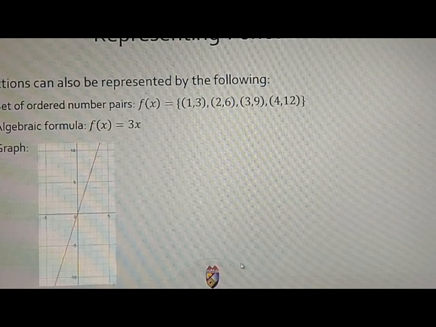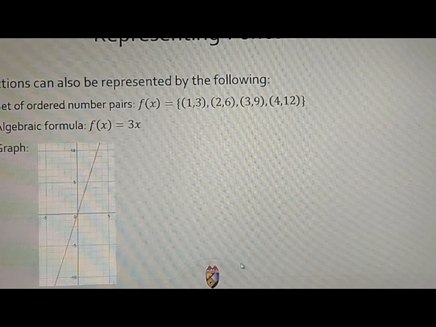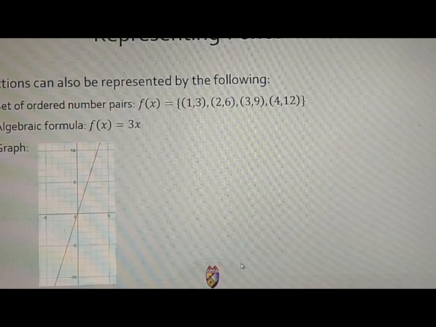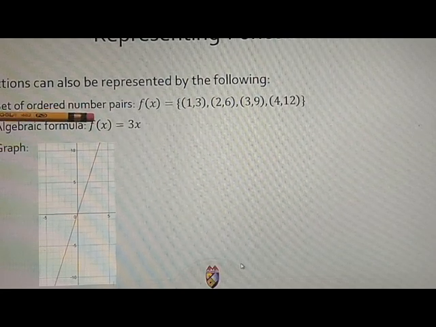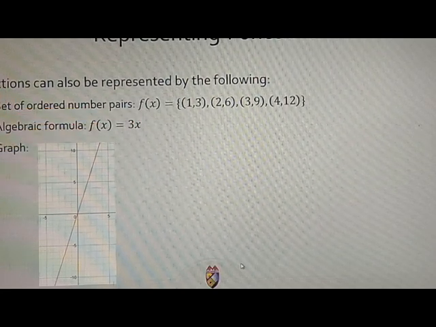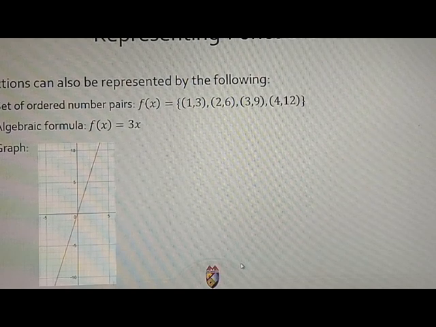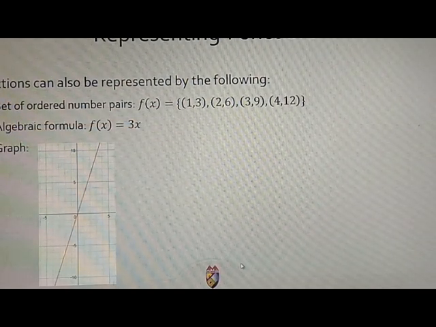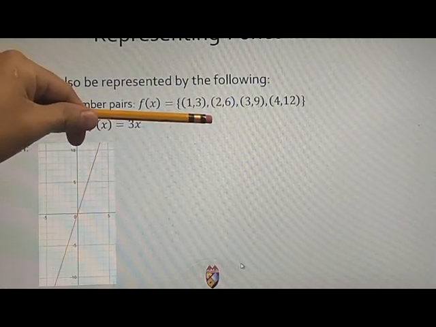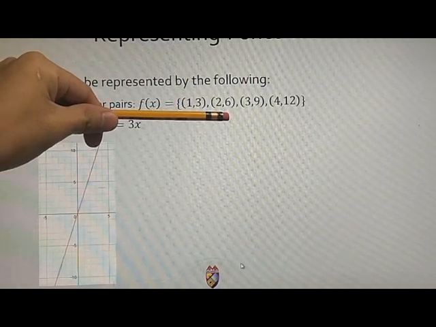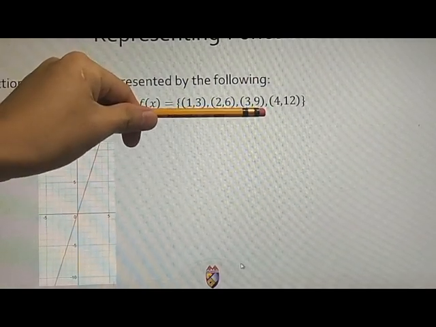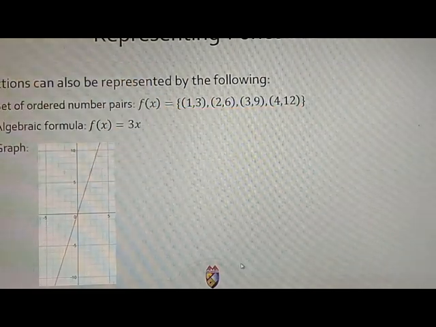Another representation of functions. Functions can also be represented by a set of ordered number pairs. For example, f of x. f of x represents the function. So f of x is equal to the set of (1, 3), (2, 6), (3, 9), (4, 12).